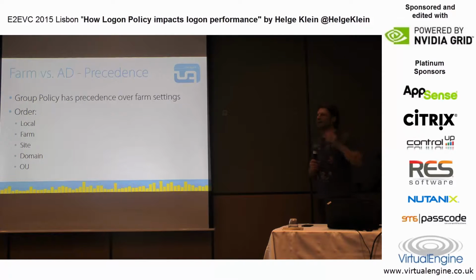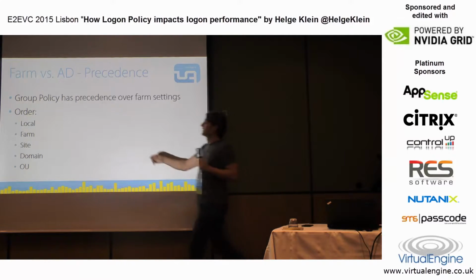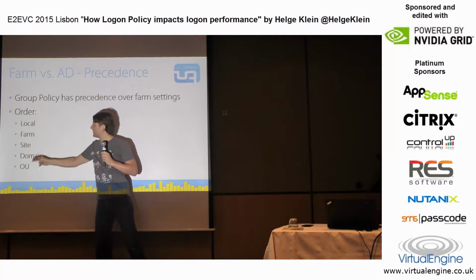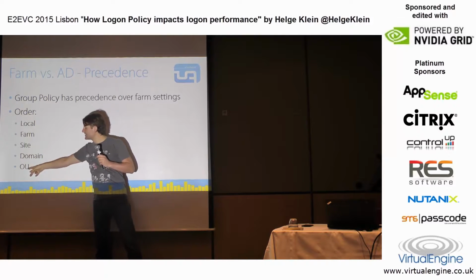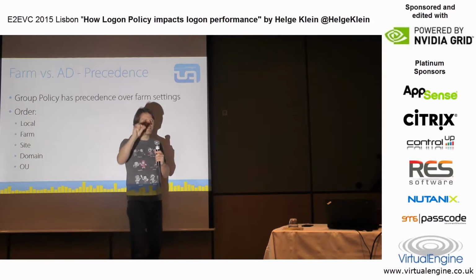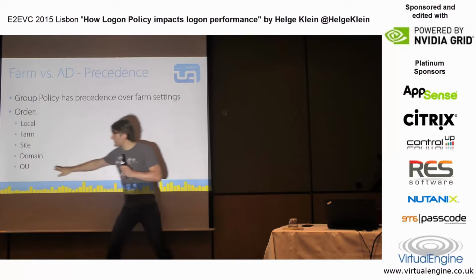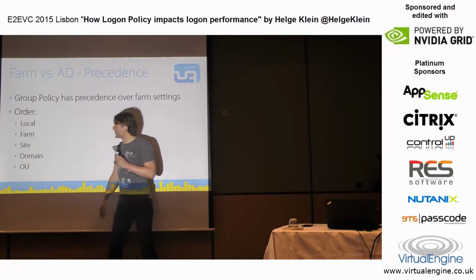Generally, when group policy is applied, you have the following order: LSDOU, easy to remember. So local, site, domain, OU. First local policies, then site policies, domain policies, and then policies configured in a specific organizational unit. So this wins. This has the highest priority.